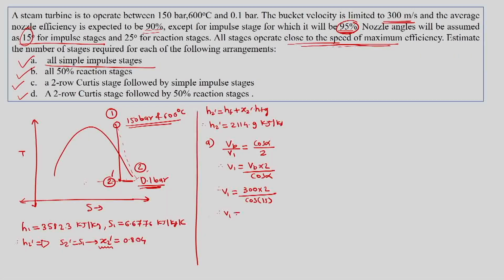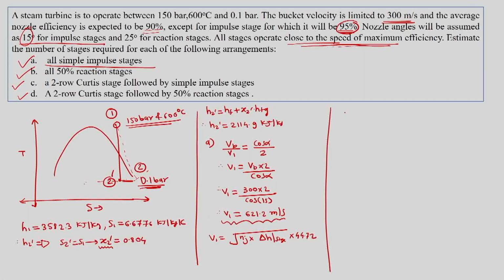So V1 is equal to 621.2 meters per second. Now we can make use of V1 to find the stage enthalpy drop, since V1 is equal to nozzle efficiency into delta H stage into 44.72.